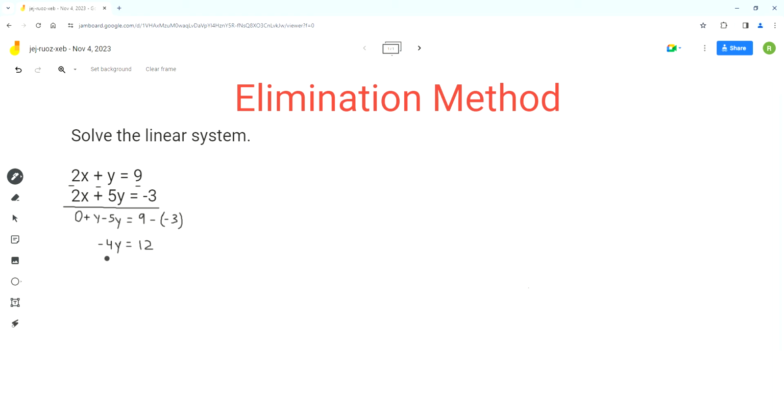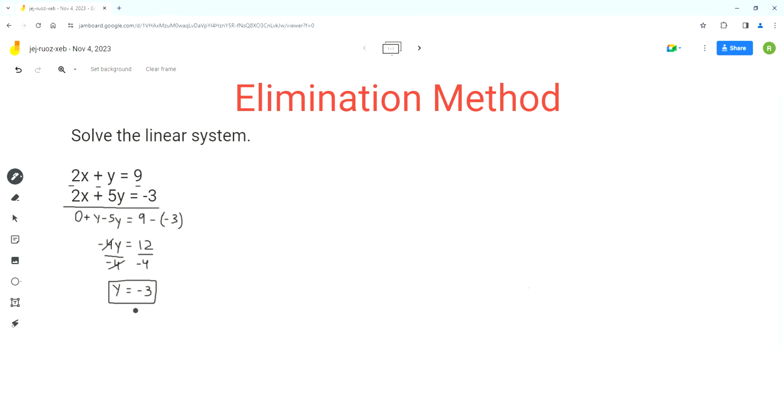We have to divide both sides by -4 to isolate y. So the -4 on the left side cancel each other. So we are left with y equals 12 divided by -4, which is equal to -3. So this is the value of y.